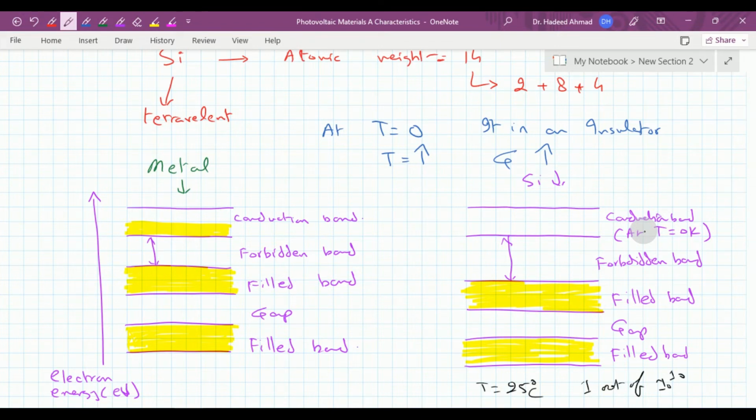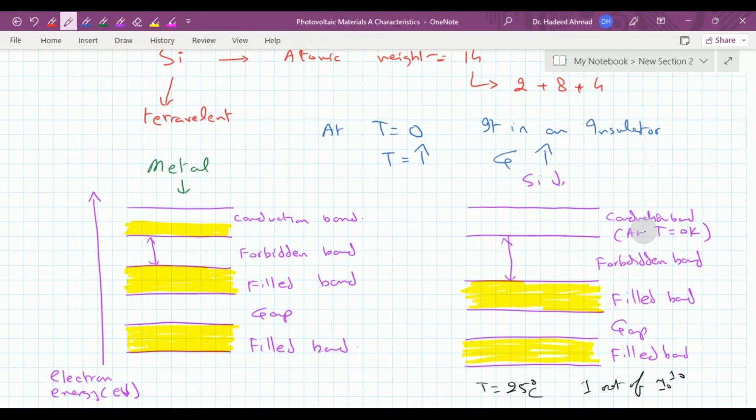So now what we have understood from this quantum energy band diagram is that there is a filled band and a conduction band, and the conduction band is that particular band where the presence of electrons contributes towards the flow of current, and filled bands are those where we have placed the electrons based on whatever energy level they have.